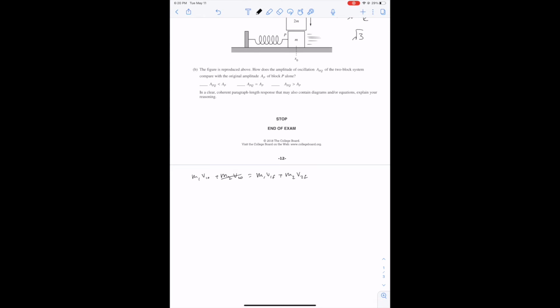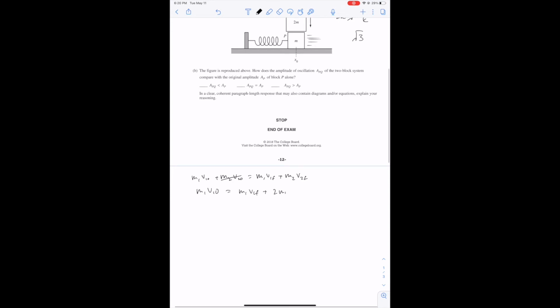And if we want to find the right side of the equation in terms of v1 naught, we can just simplify that out to be m1 times v1 naught is going to be equal to m1 v1 final plus 2 times m1, and we know that the system's going to be moving together, so this will just be v1 final as well.